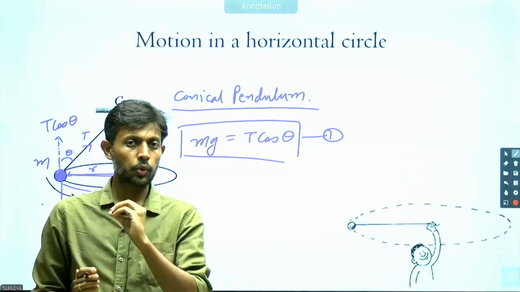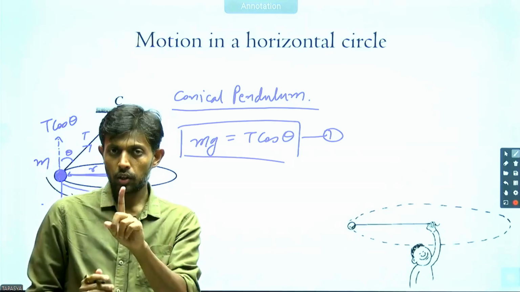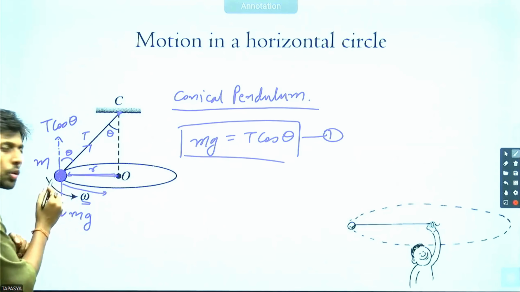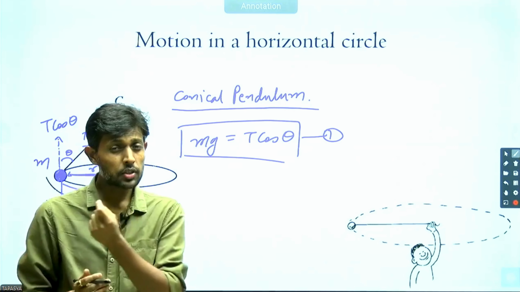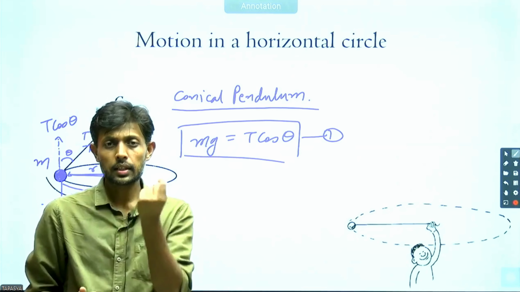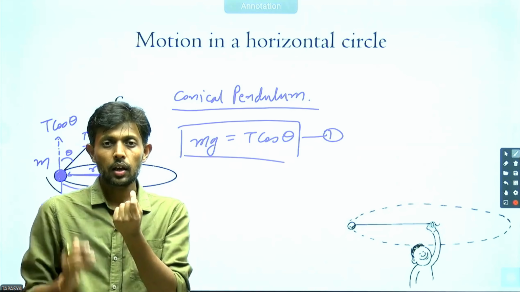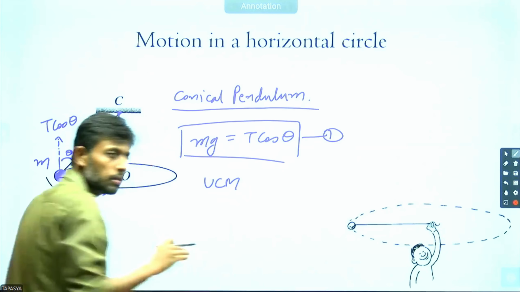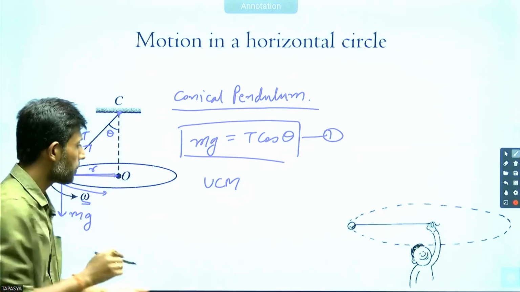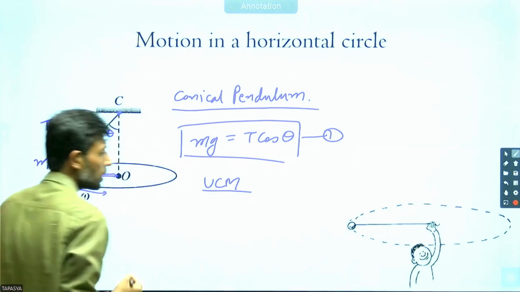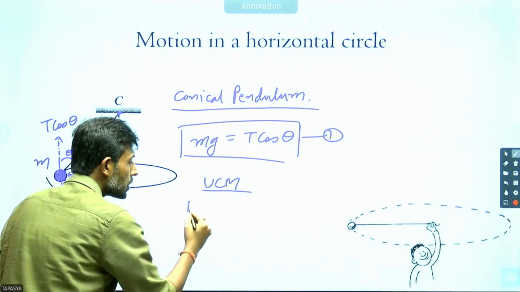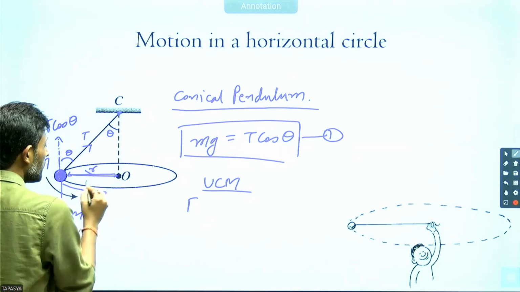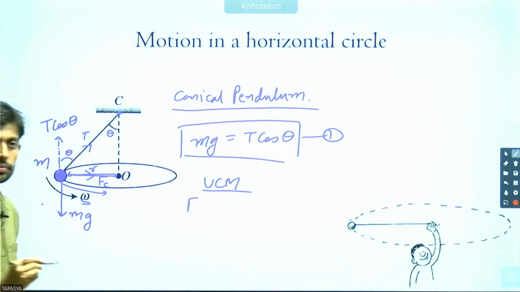Now, for the next equation, we're going to look at the circular motion. This bob is going around in circles, moving at a constant angular velocity. So this is just like uniform circular motion in a horizontal plane. Uniform circular motion is executed when something is providing the centripetal force.